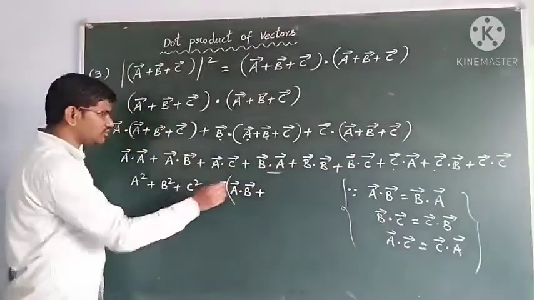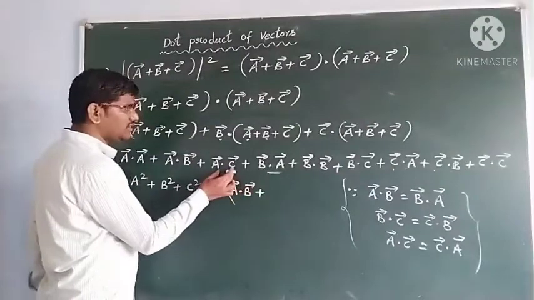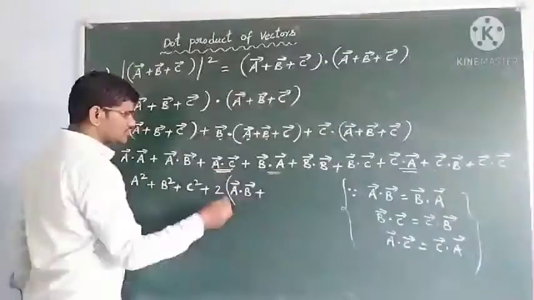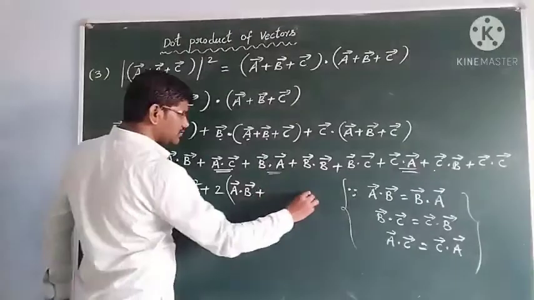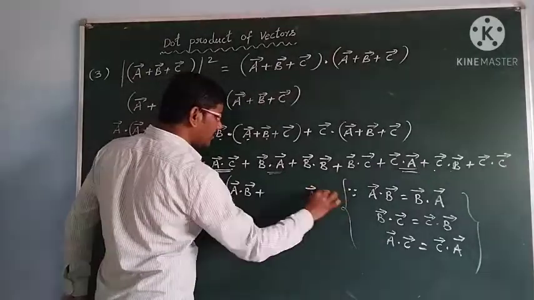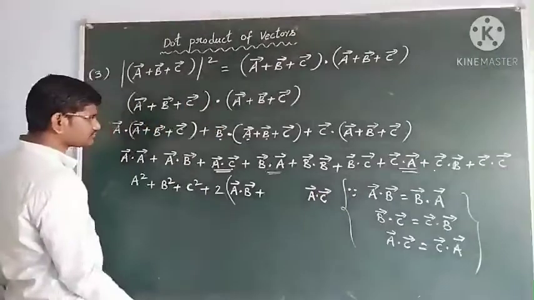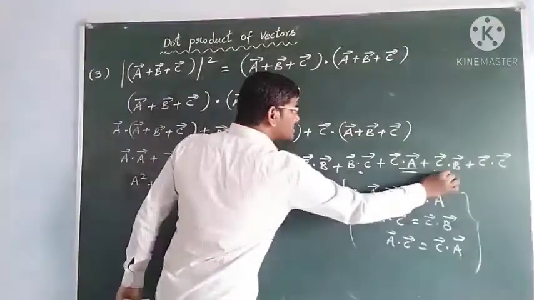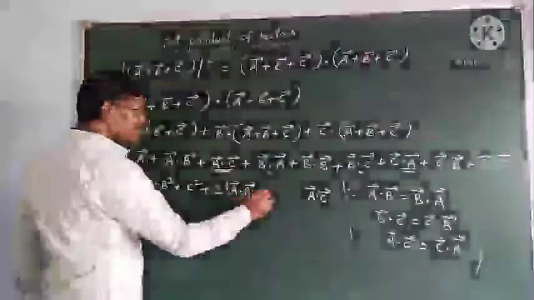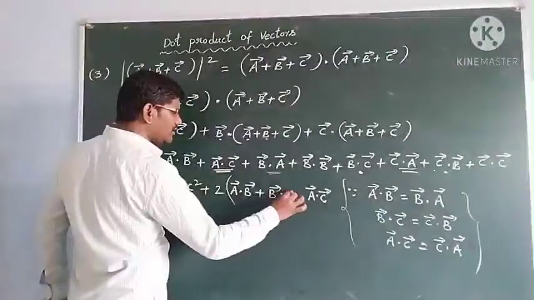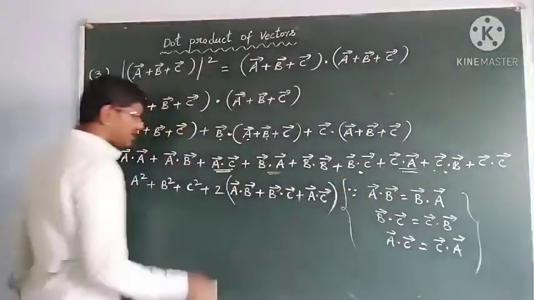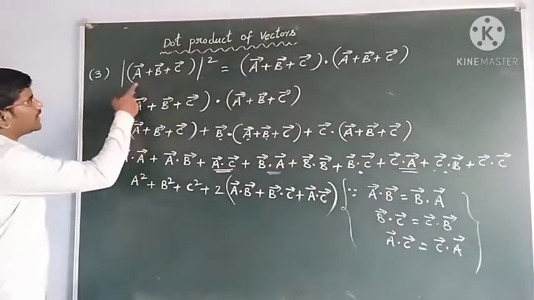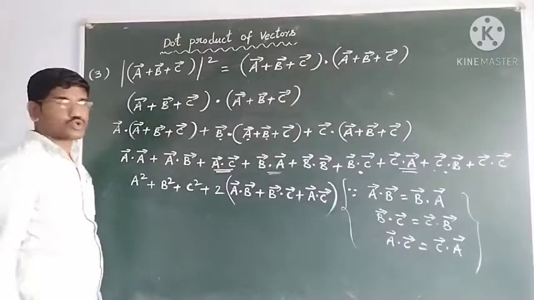Similarly, a dot c and c dot a, this term we have 2 times, so 2 into a bar dot c bar. Similarly b dot c and c dot b, this is also twice, so 2 into b bar dot c bar. So twice we have written like this.